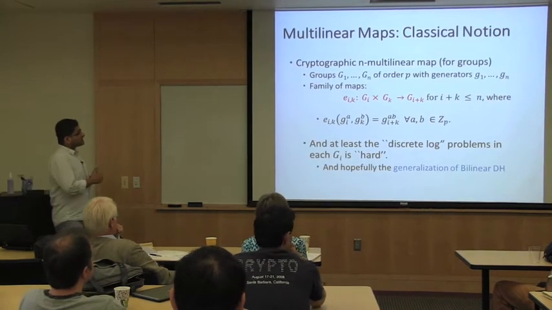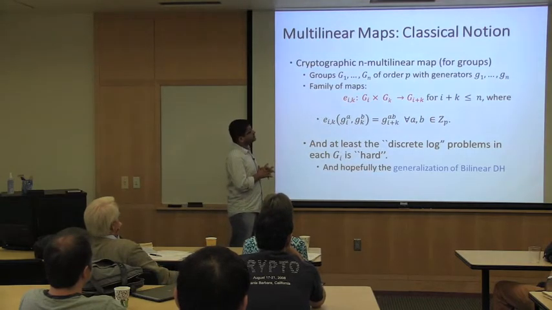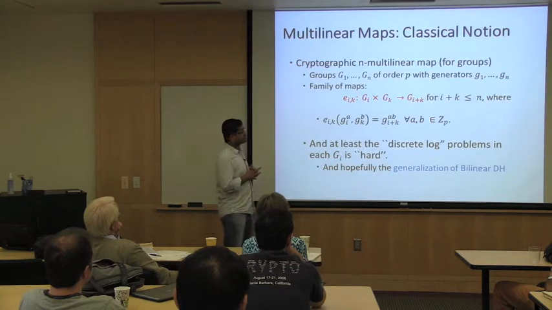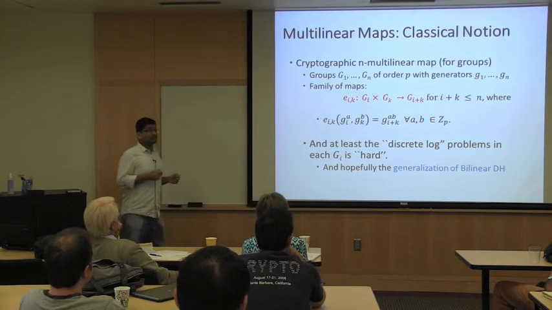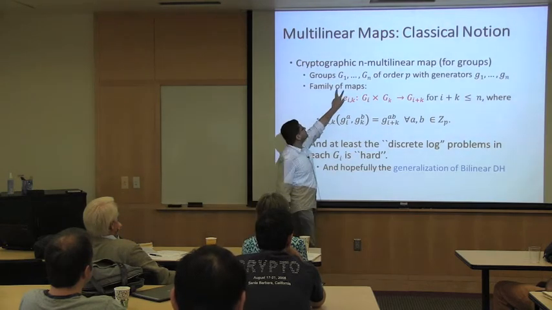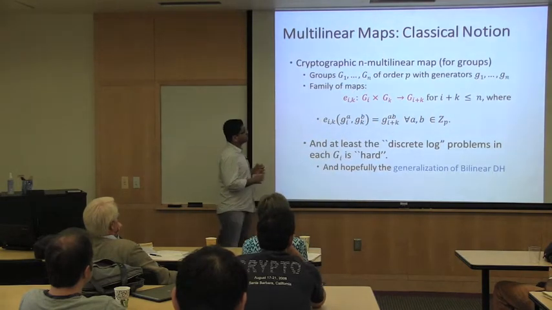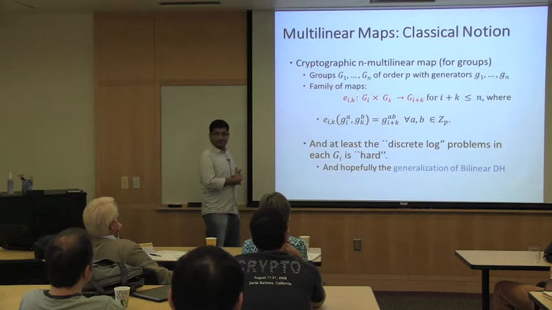Okay, so just like we had bilinear maps, now I'm going to have these groups G1 to Gn instead of just G1 and G2, all of, let's say, prime order P with generators g1 to gn respectively. And instead of requiring just this one bilinear map, I'm going to require a family of maps which allows you to pair elements from any two groups and map it to an element in the group such that the subscripts get added.